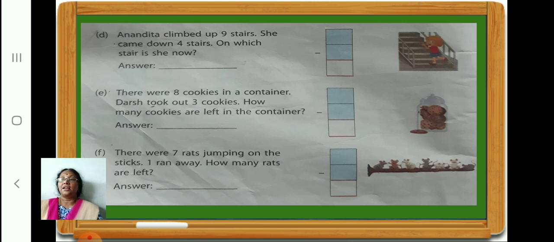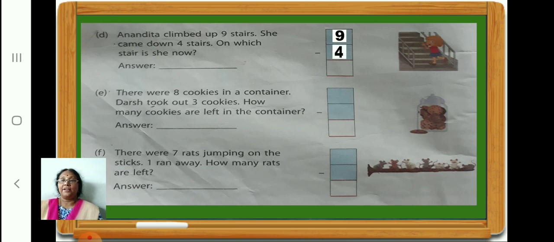Children, Anandita climbed up 9 stairs. She came down 4 stairs. On which stair is she now? Children, how many stairs Anandita climbed? 9. So let us write 9 in the first box. And she came down 4 stairs. How many stairs she came down? 4. So let us write number 4 in the next column.